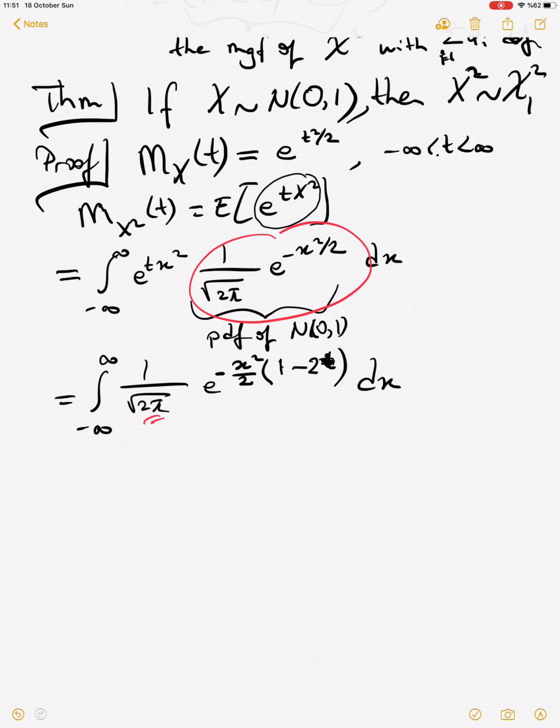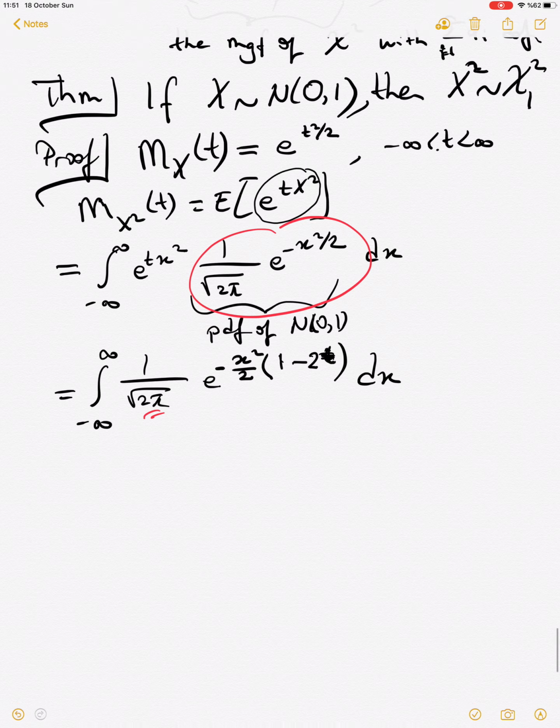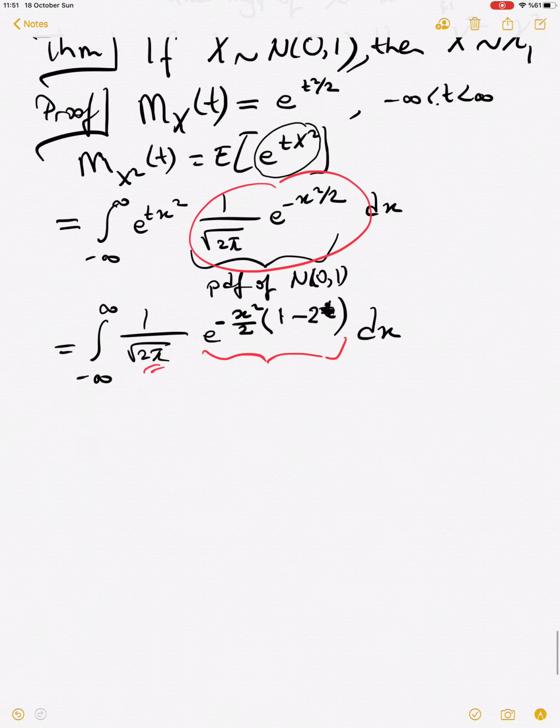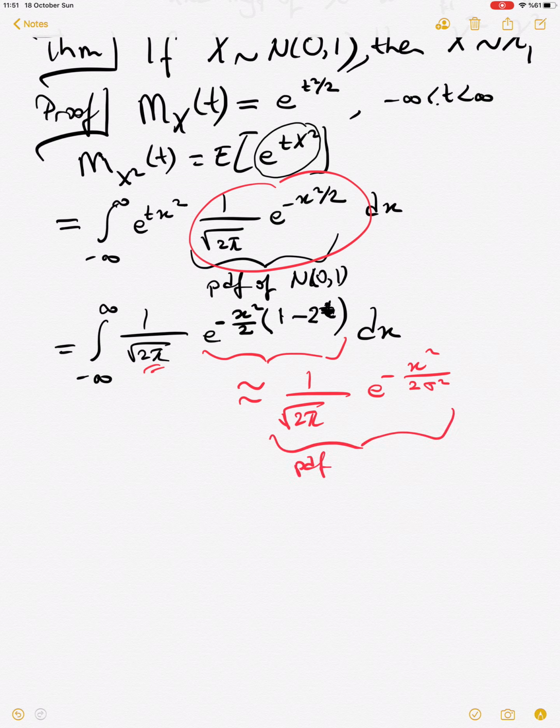It's close to the form of the standard normal distribution, but we have to multiply it by another factor. So we have 1 over root 2 pi, e to the minus x squared over 2 sigma square, a regular form of the normal distribution with mean 0 and variance sigma square. We don't know the sigma square yet.